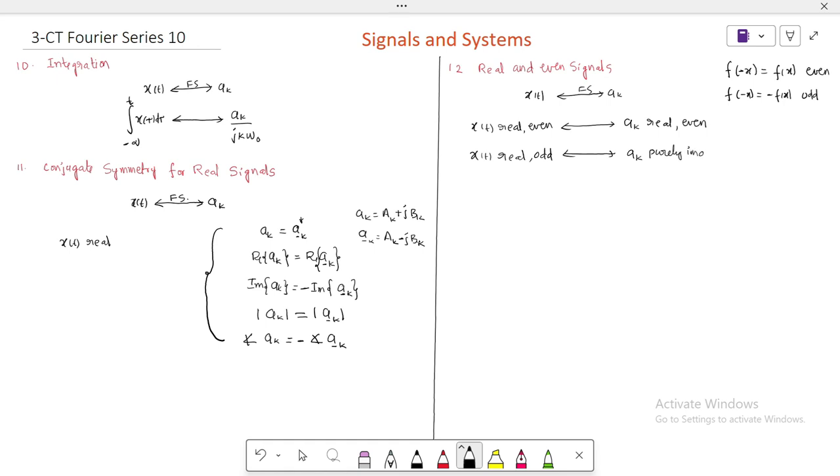Similarly, if x of t is complex and even, there is no change in the Fourier coefficient: ak is also complex and even. Now if x of t is complex but odd, then ak is real and odd.